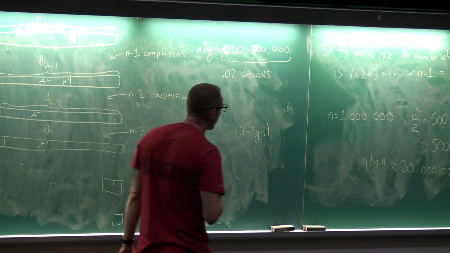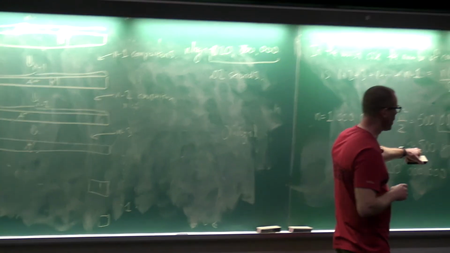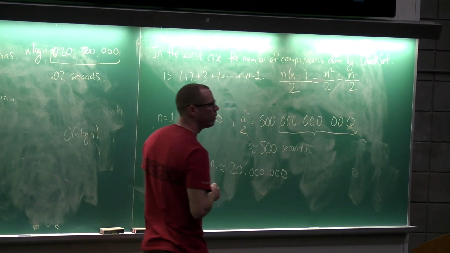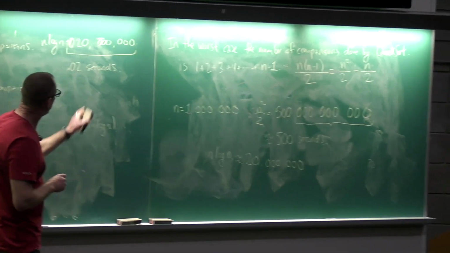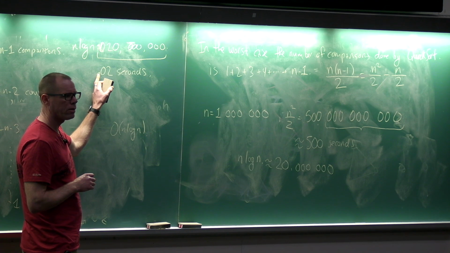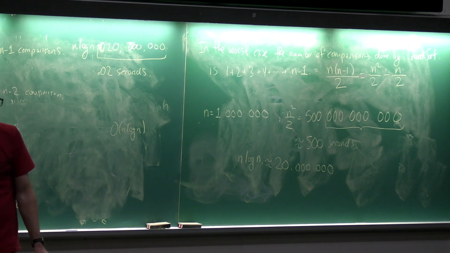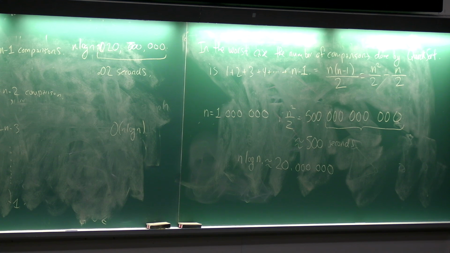So in the worst case, it takes about 500 seconds, but on average, it takes about 0.02 seconds. Big difference, and the only way you can know that is by implementing it and trying it out, or through the analysis that we'll eventually do.